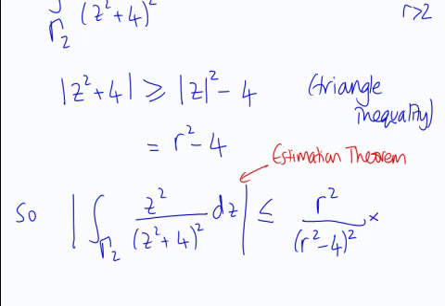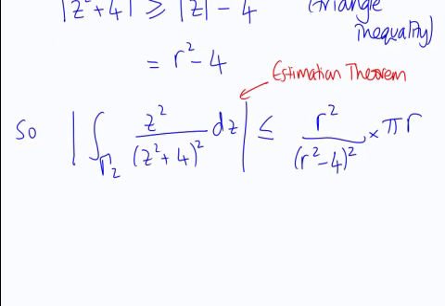And by the estimation theorem I have to multiply by the length of the contour that we're integrating over. And that's half of a circle, and so it's half of 2 pi r, it's just pi r. So have a think about that if you're not happy with those steps. Again, you may need to stop the screencast. The estimation theorem, in general, I'll just write it out for you.